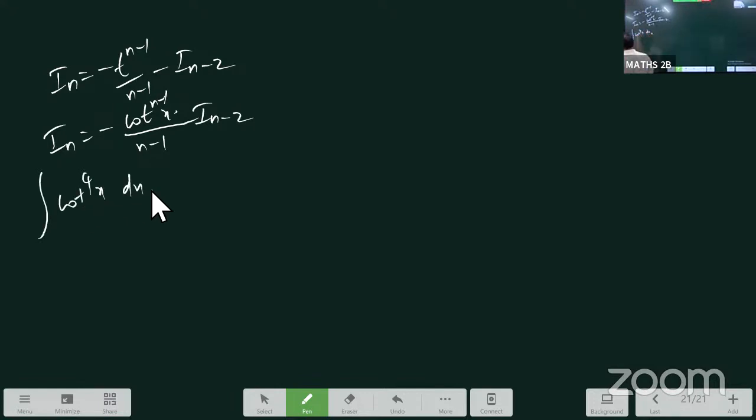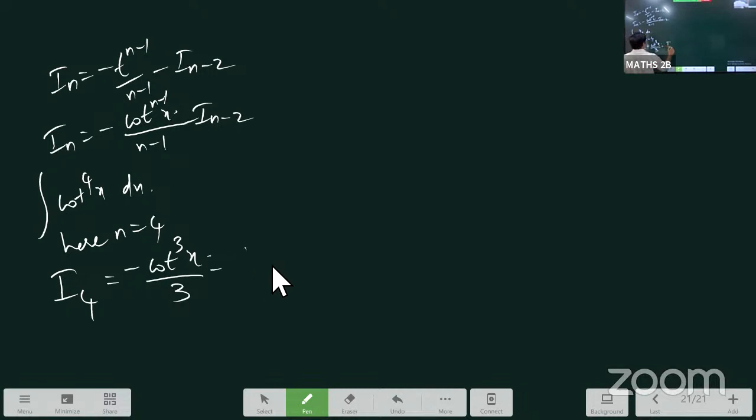Now we have deduced which one is asked: cot power 4x dx. Now deduce integration of cot power 4x dx. So here n is equal to 4. Is it clear? That is I4 equals minus cot cube x by 4 minus 1 is 3, minus I2. Minus cot cube x by 3 minus of, again what is I2?